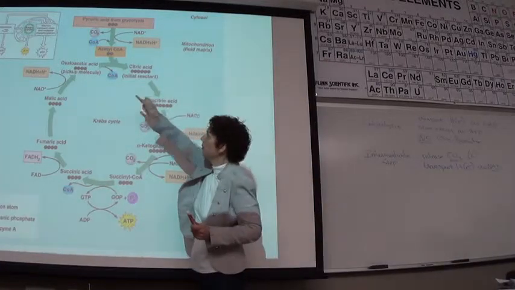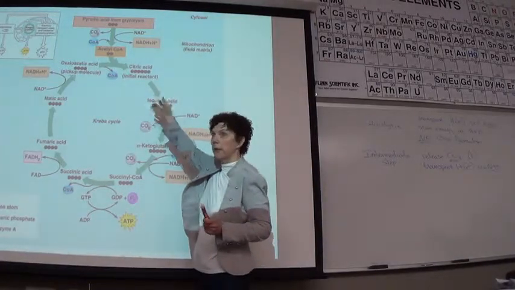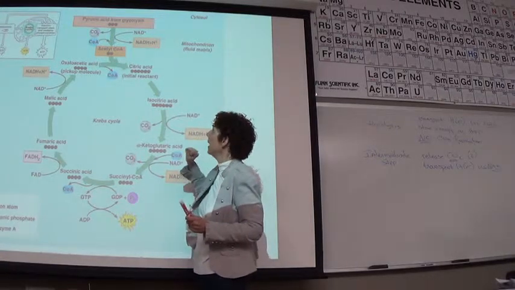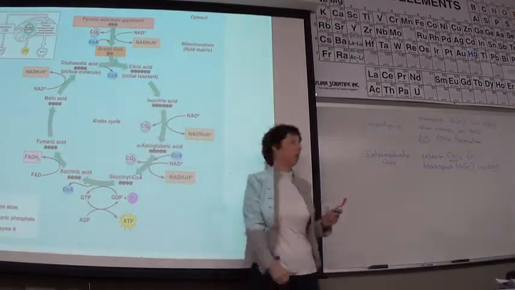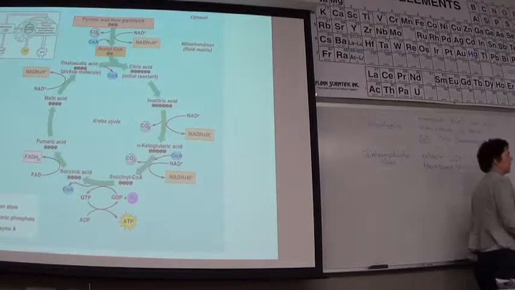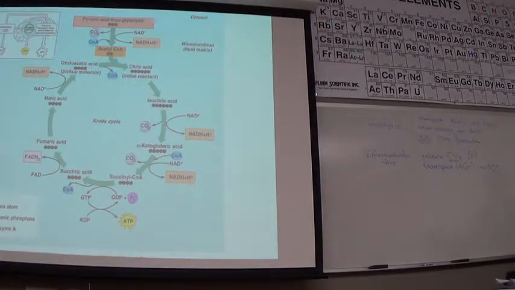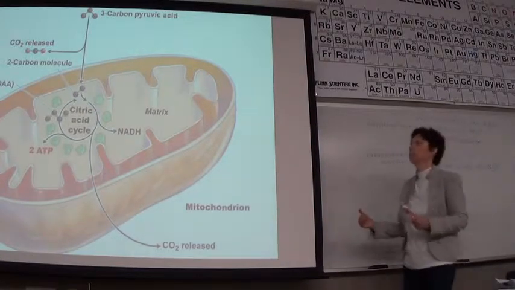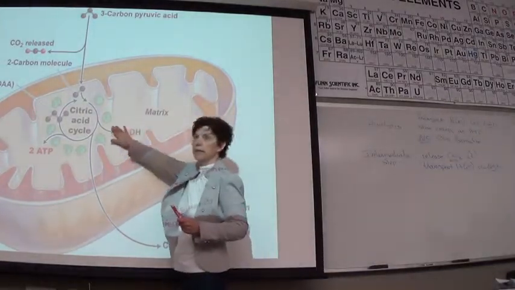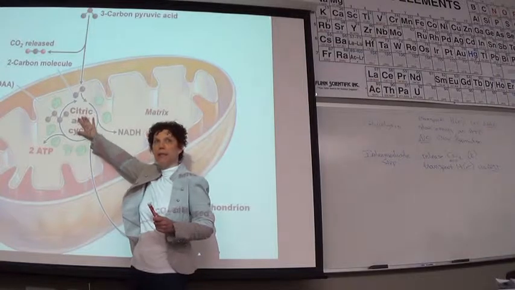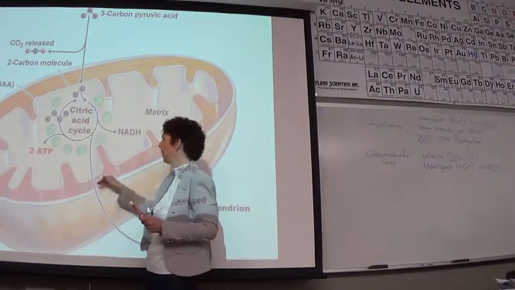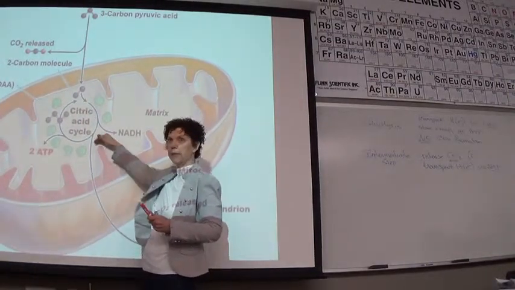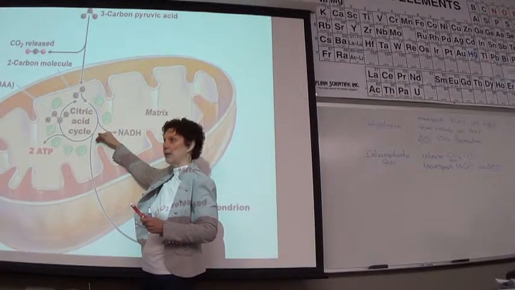So now we enter into the mitochondria. Our coenzyme A helps transport this 2-carbon molecule, the acetyl group, into the mitochondria. And within the inner matrix, remember in mitochondria we have the cristae, and with the outer membrane we have an outer matrix, and then within the cristae we have an inner matrix.